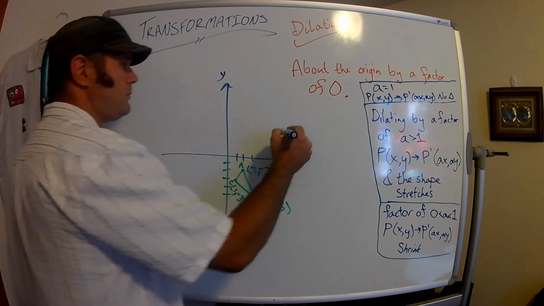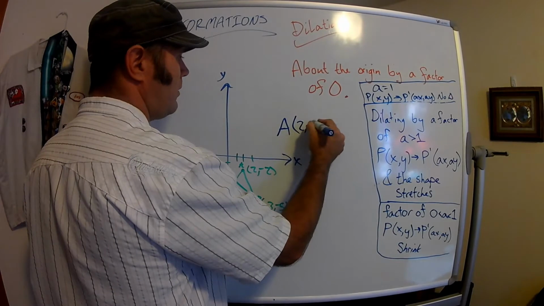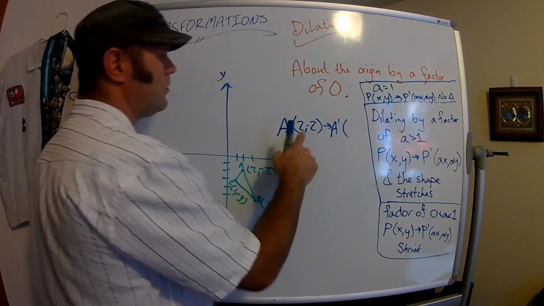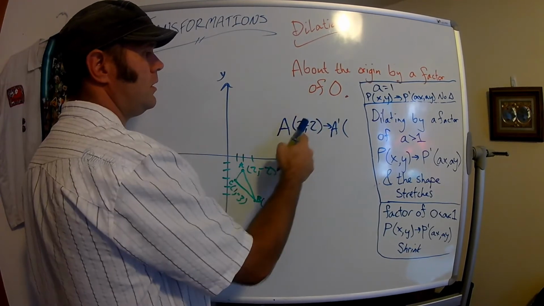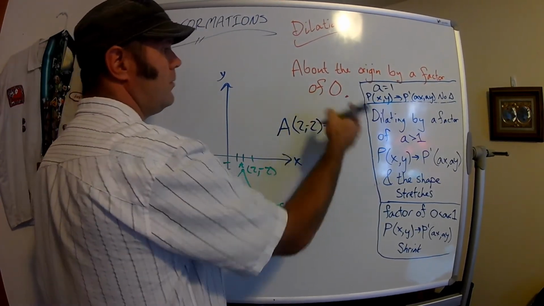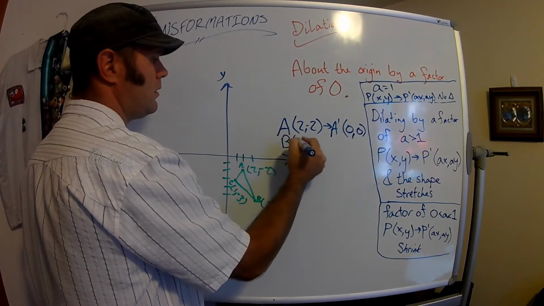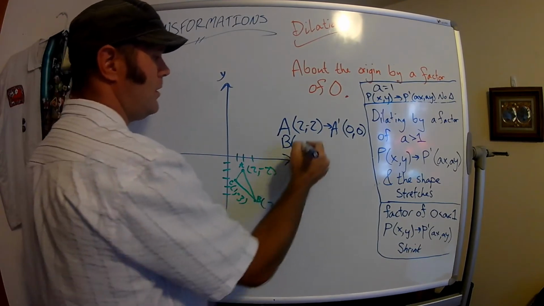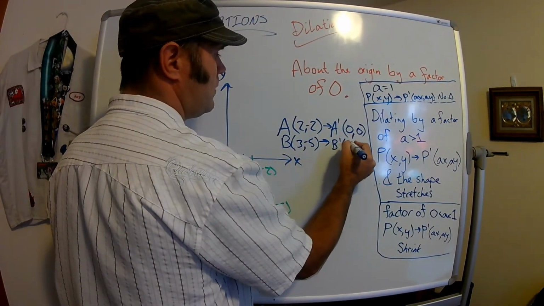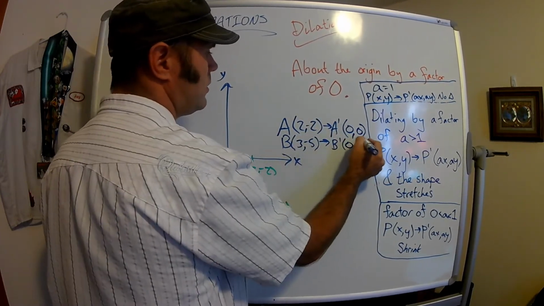So A, which is (2, -2), becomes A prime, which is 2 times 0, which is 0, and -2 times 0 is 0. B, which happens to be (3, -5), becomes B prime, which is 3 times 0, -5 times 0.